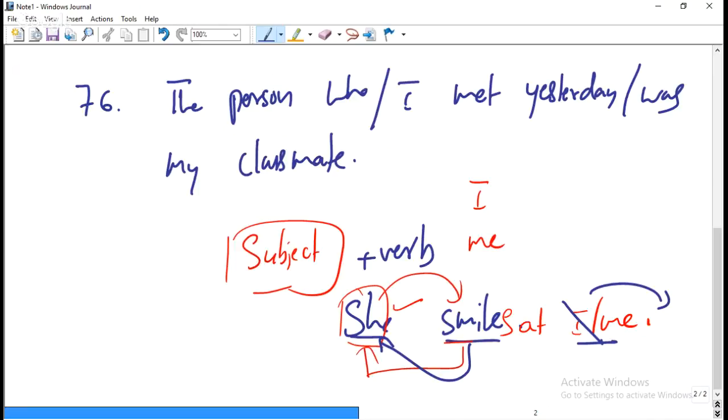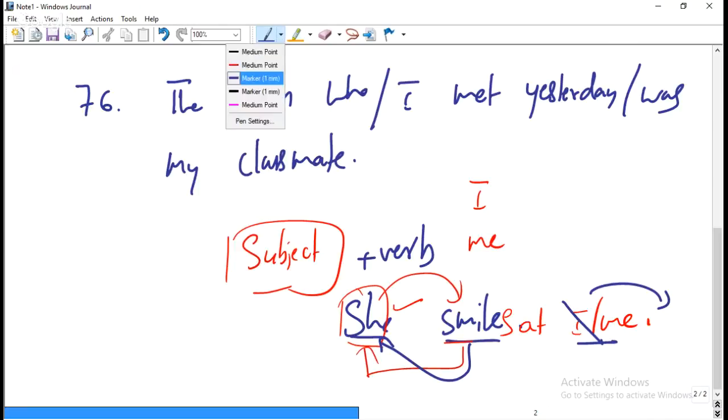If you have not understood this, please come back to the first point and listen again so that you will understand clearly. When there is a verb in agreement, that particular pronoun is to be written in subjective case, whereas if there is a pronoun without a verb in agreement, it has to be written in objective case.